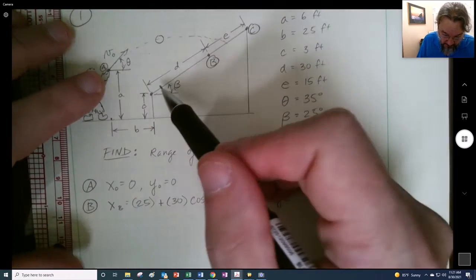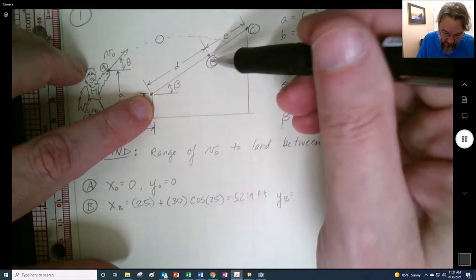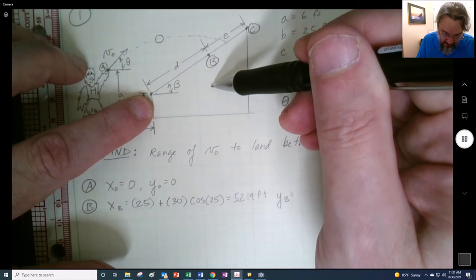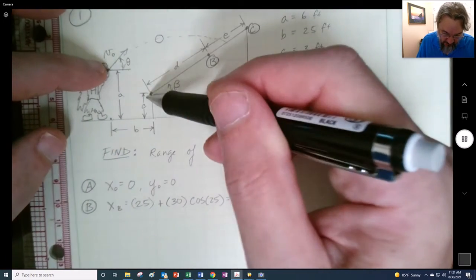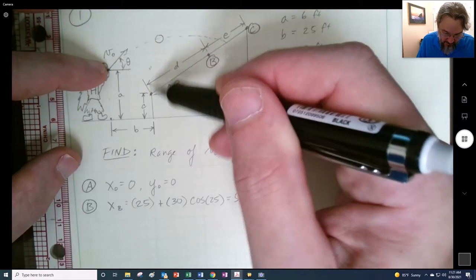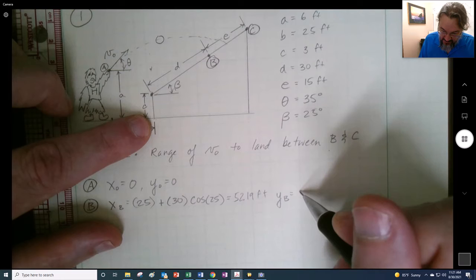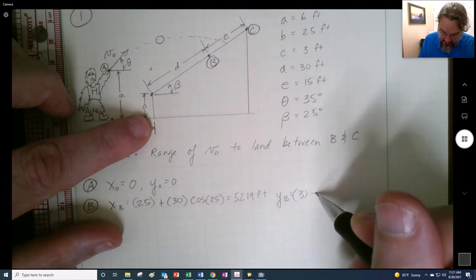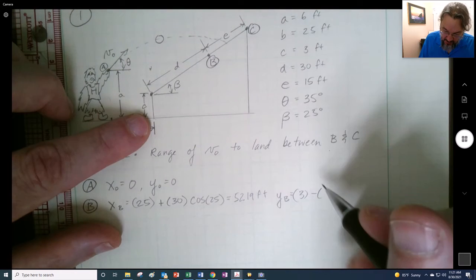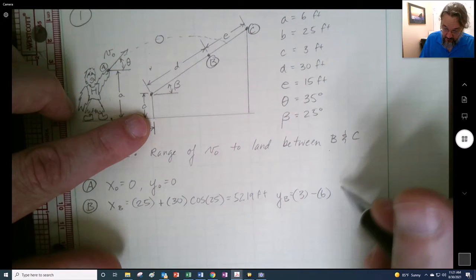Yeah, let's start out with how high this goes right here, and then subtract out the difference between these two. So that would mean we have C, which is 3 feet, and then we subtract out 6 feet, so that's -3 here.